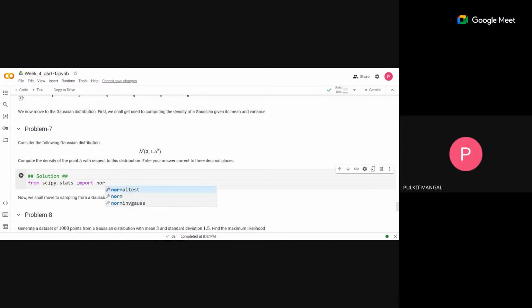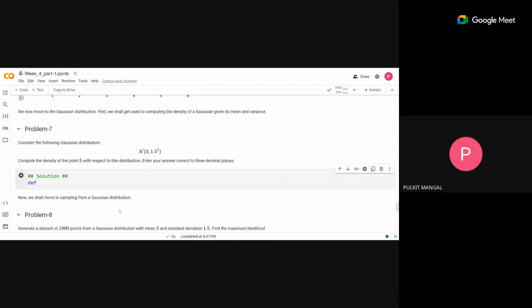Now it is 384. And you can directly pass these parameters to the norm function. This is one way to do it. But we won't be using SciPy here, so let's remove it, even though we will be using the SciPy library for week 10. Not now. So we have to manually compute it.